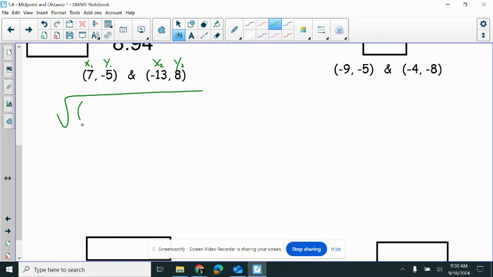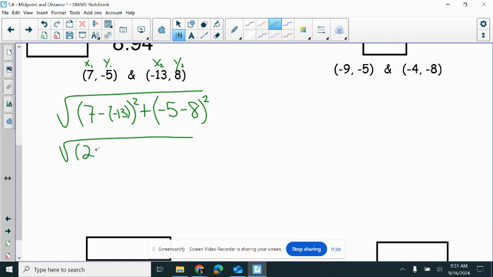First set of parentheses, I subtract the x's: 7 minus -13, squared, plus, then I subtract the y's: -5 minus 8, squared. So I get 7 minus -13, the same as 7 plus 13, that's 20, squared, plus -5 minus 8 is -13, squared.